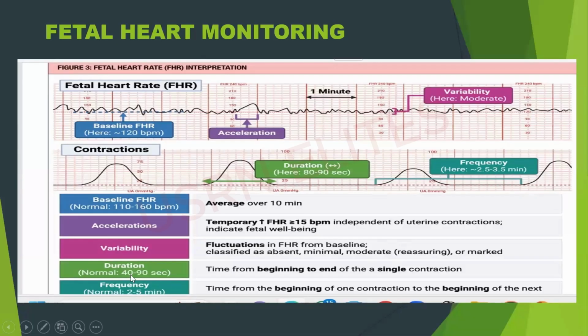All right. So we are looking at duration. We want to take duration as our sister explained. Okay. From the beginning of contraction to the end. That's the duration. So when you take the first maternal contraction here, where it started, and then it rose up, and came down and rested.